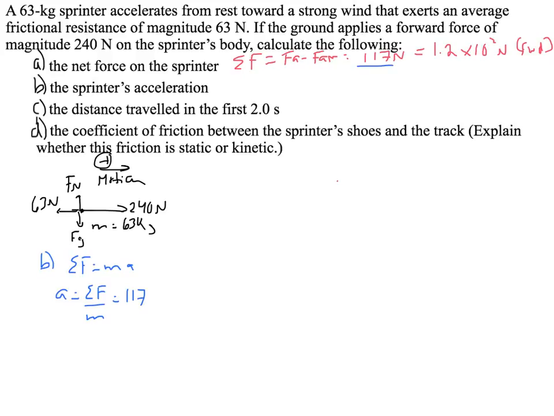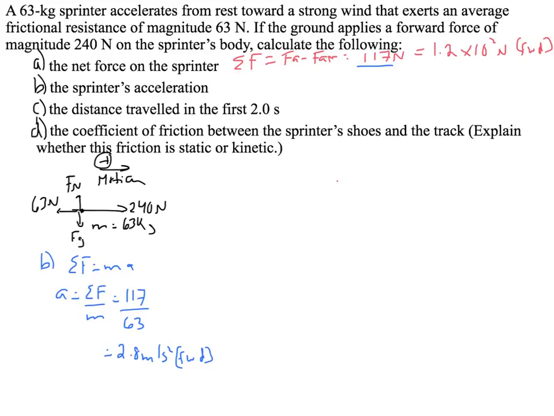So 117 divided by 63, and that works out to be 2.8 meters per second squared forward.